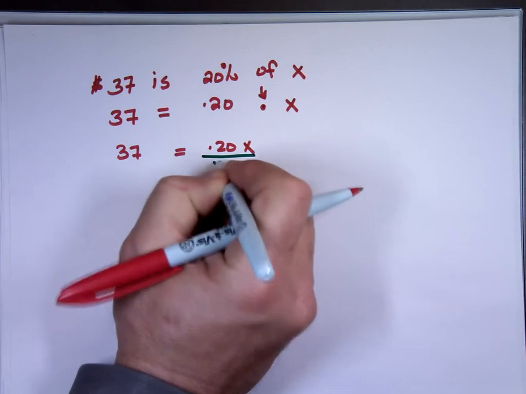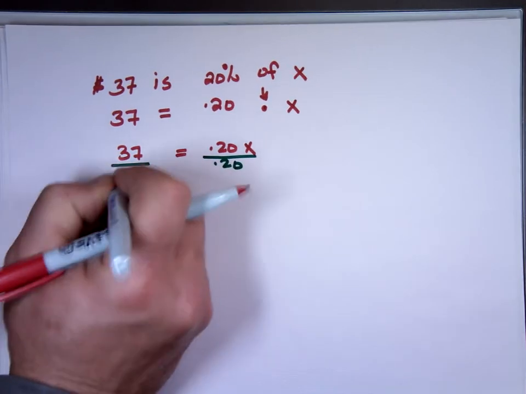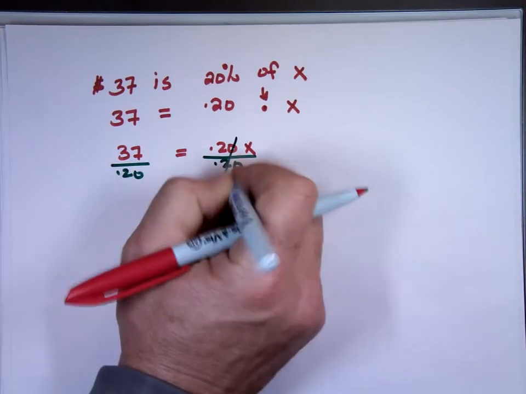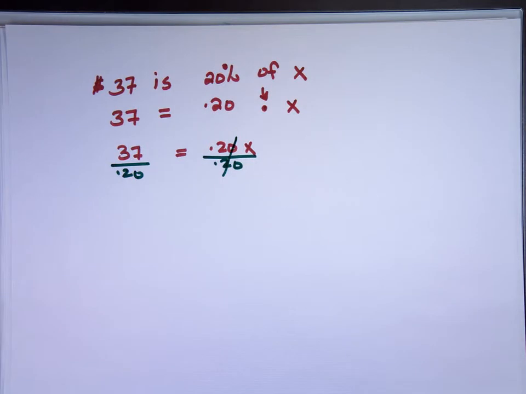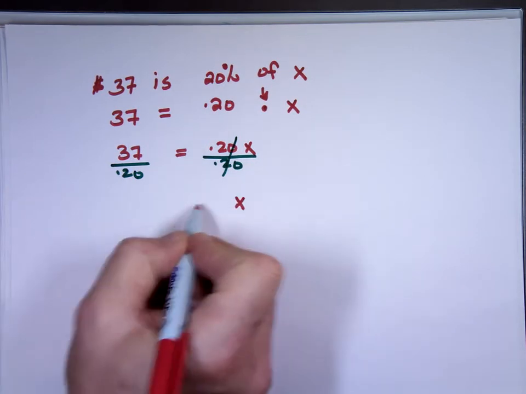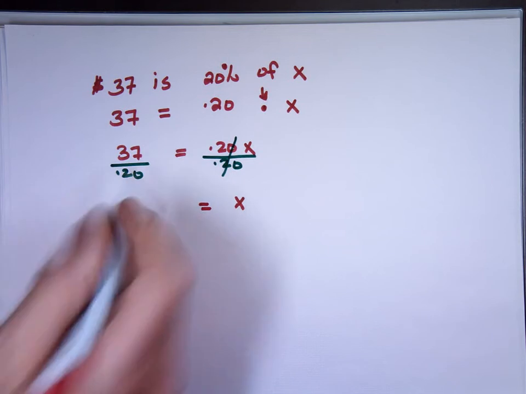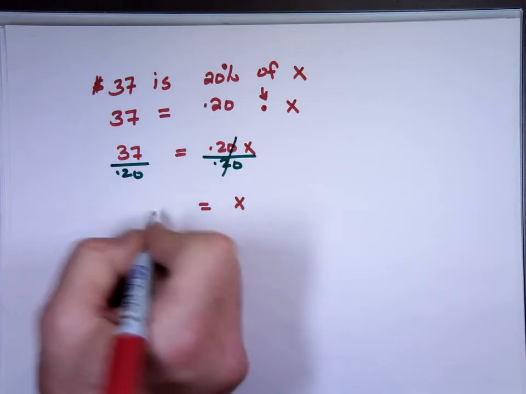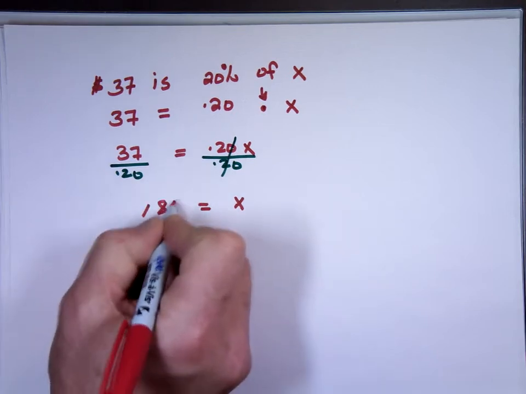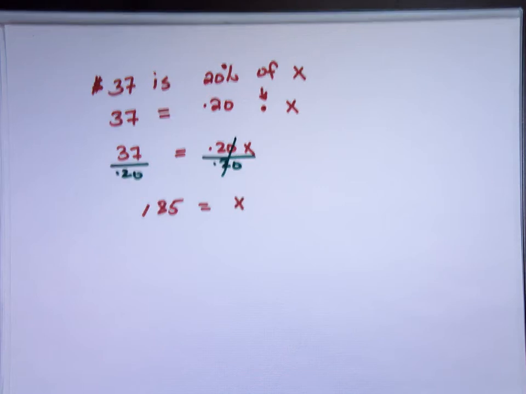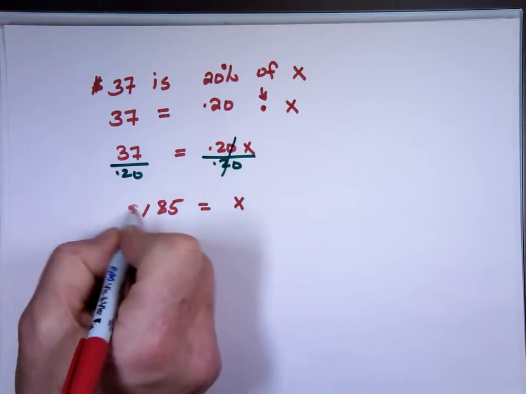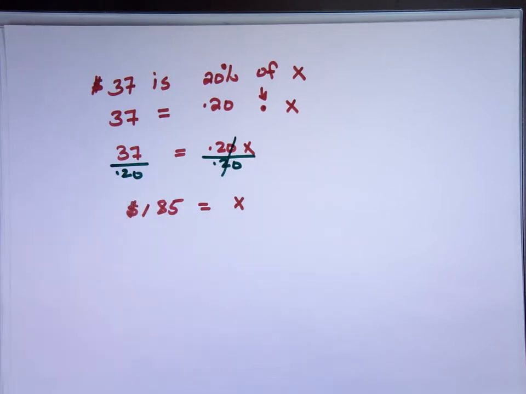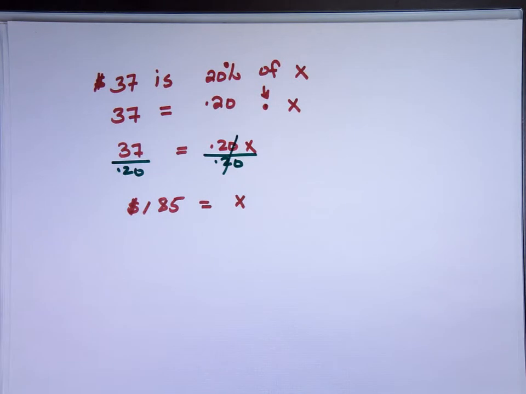Divide by 0.20. x equals what? 185 bucks. So the bill was $185. You paid the 185. I paid the tip, $37, the 20%.